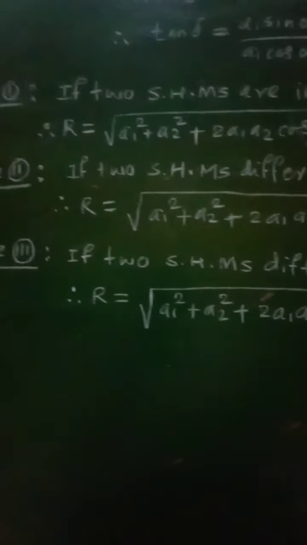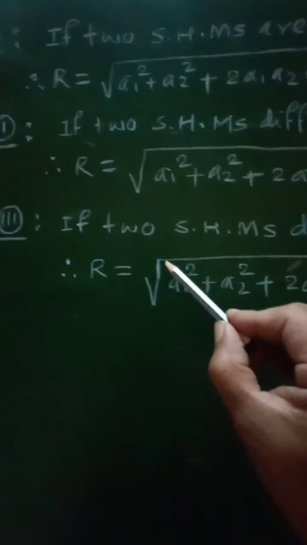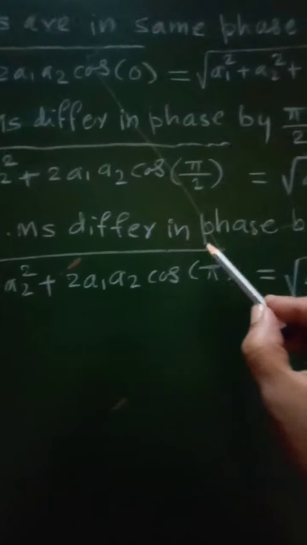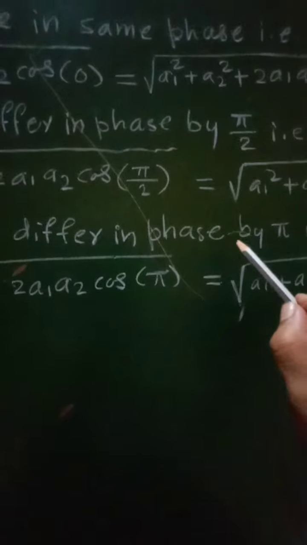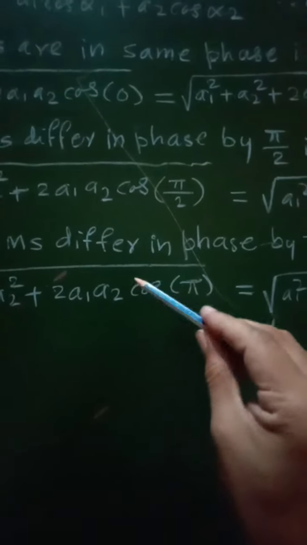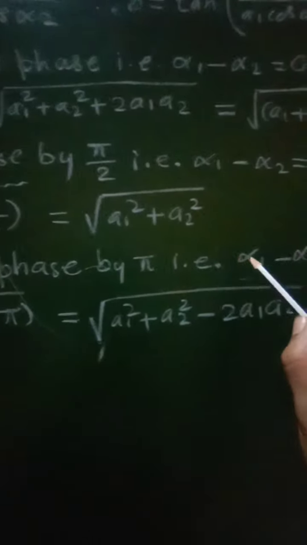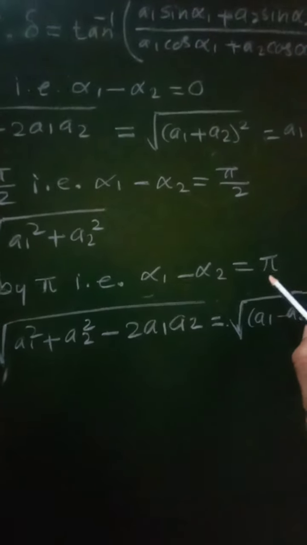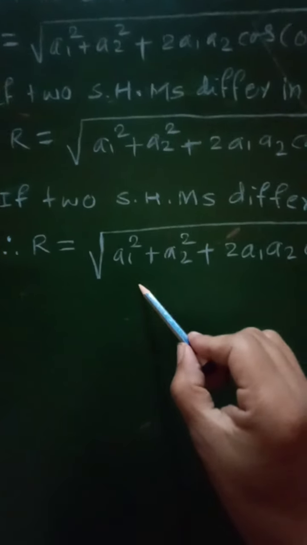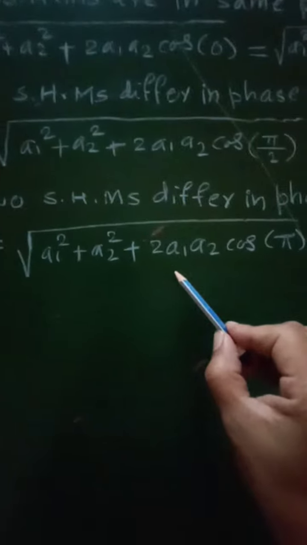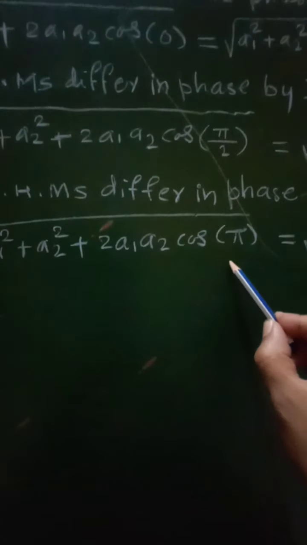Now let us consider the third case. If two SHMs differ in phase by pi, that is alpha 1 minus alpha 2 equal to pi, then we can write r equal to square root of a1 square plus a2 square plus 2a1 a2 cos pi.